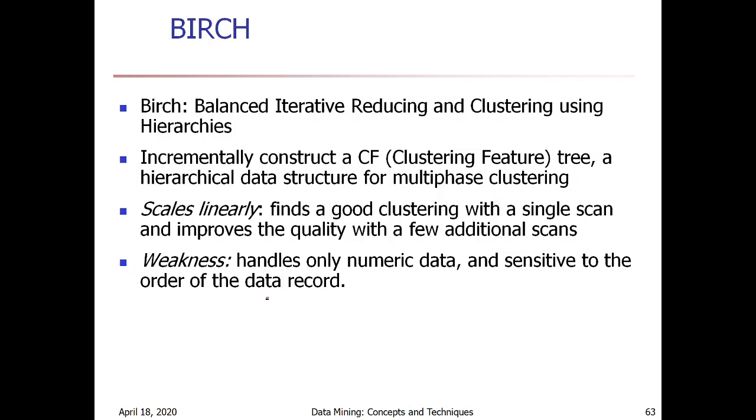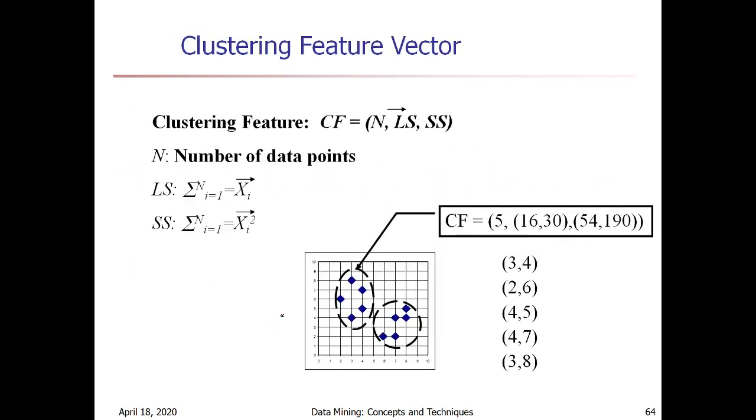It constructs two structures: one is the clustering feature, and the other is the clustering feature tree. The clustering feature is defined as a three-dimensional vector represented with n, LS and SS, where n represents the number of points, LS represents the linear sum, and SS represents the square sum.